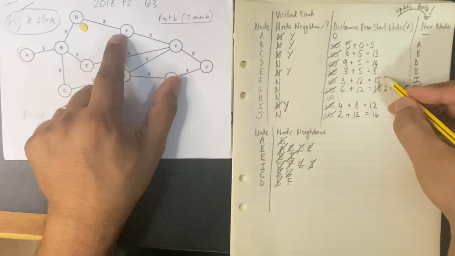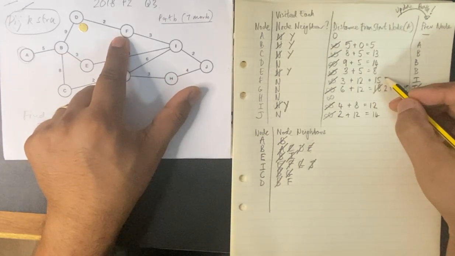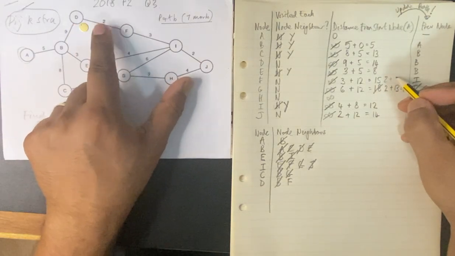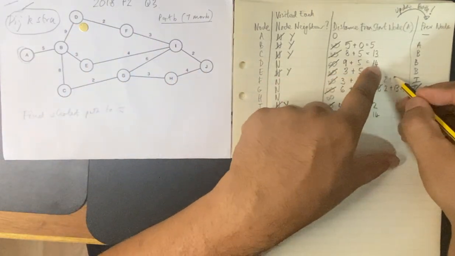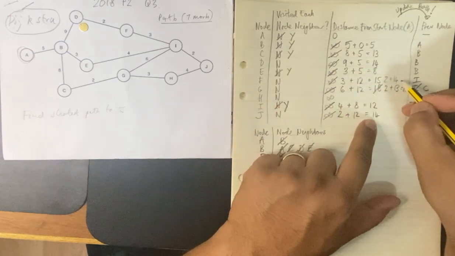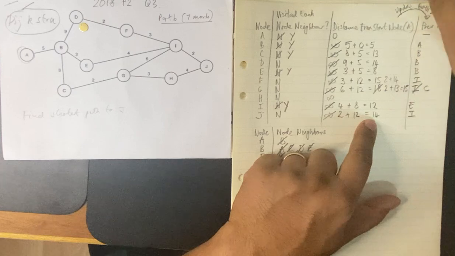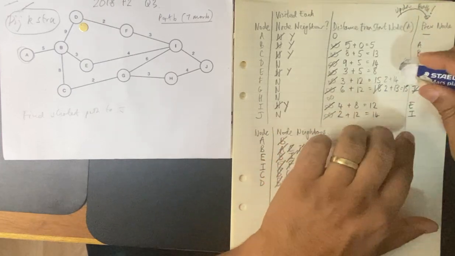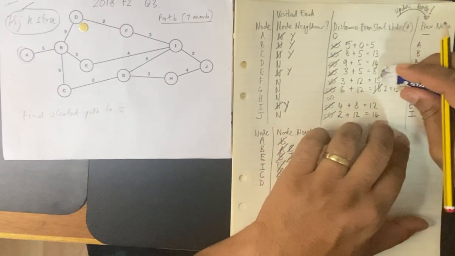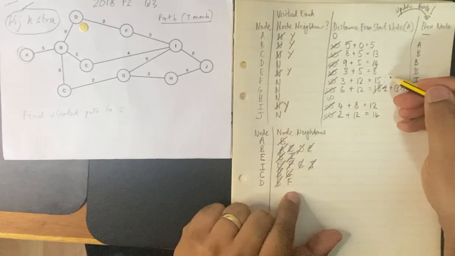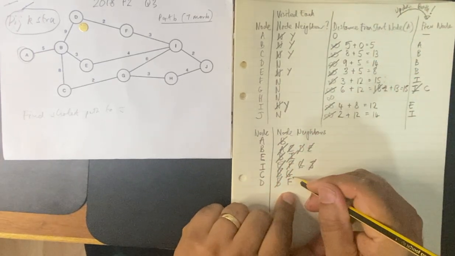So for F, it's going to be 2 plus the distance of D to the start, and that's 14. Now, 2 plus 14 is 16, which is not smaller than the 15. So this will not update. We're not going to update it. And we have finished F.